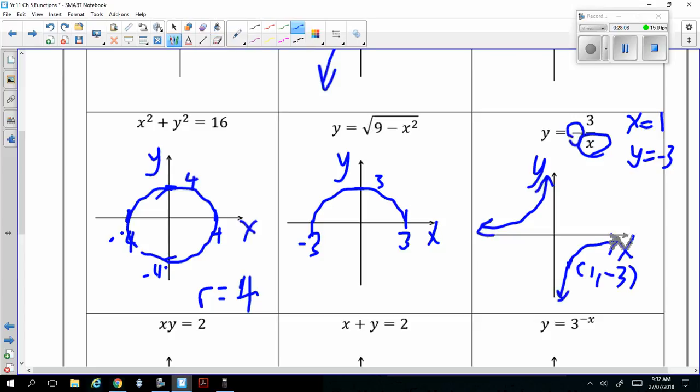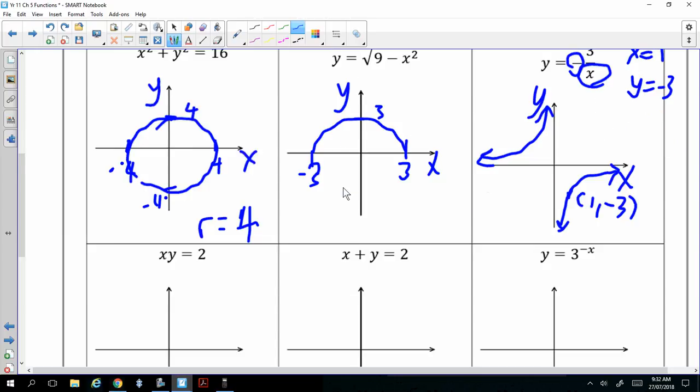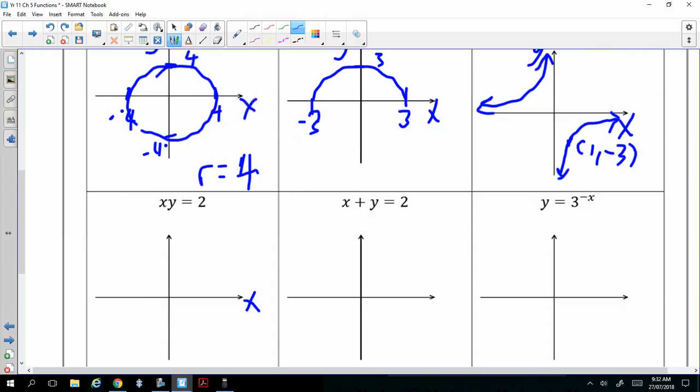See if you remember the next one. Who remembers this one? What does this one look like? Not a straight line. xy equal to 2.